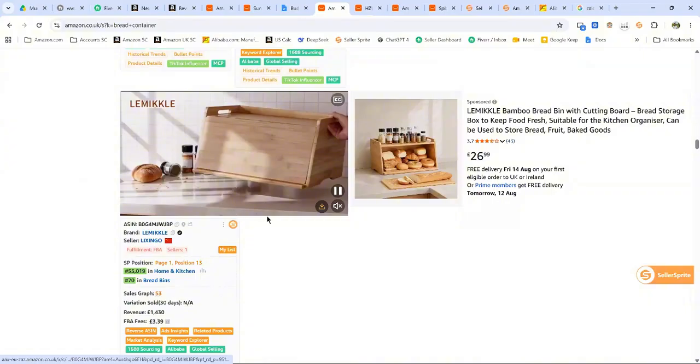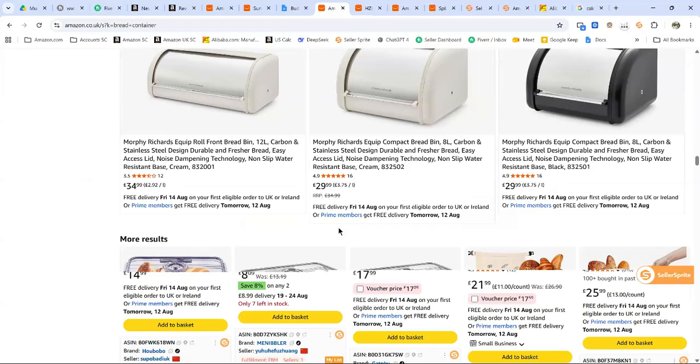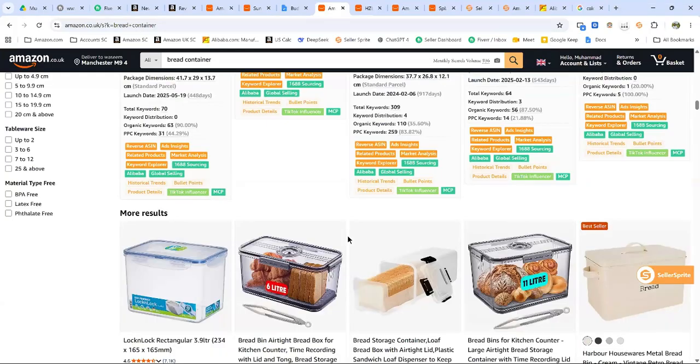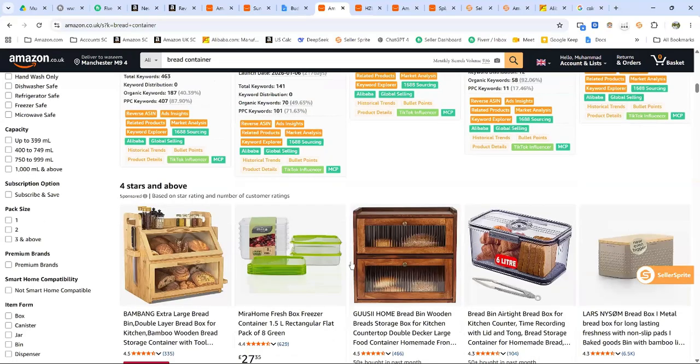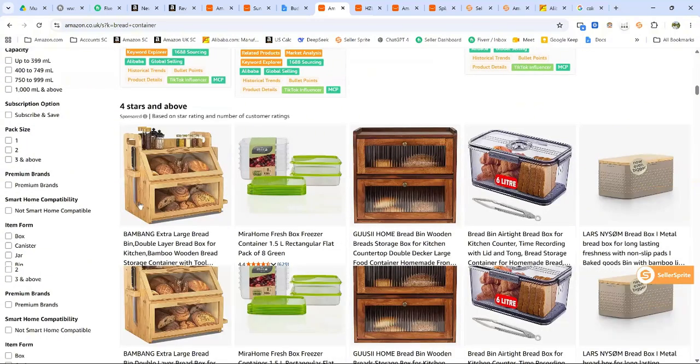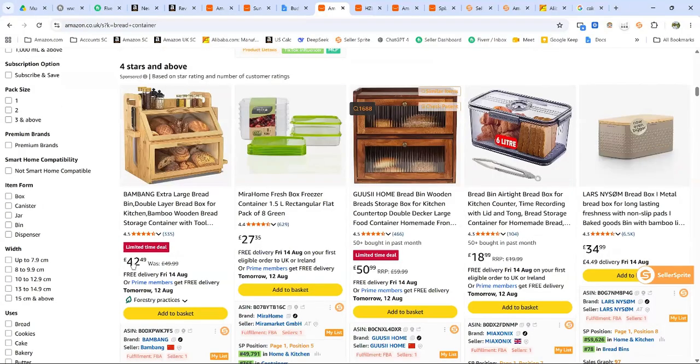So even if we are going for a bulky product, we need to pick a competitor or a design that is selling for a higher price compared to other competitors. Let's have an example.